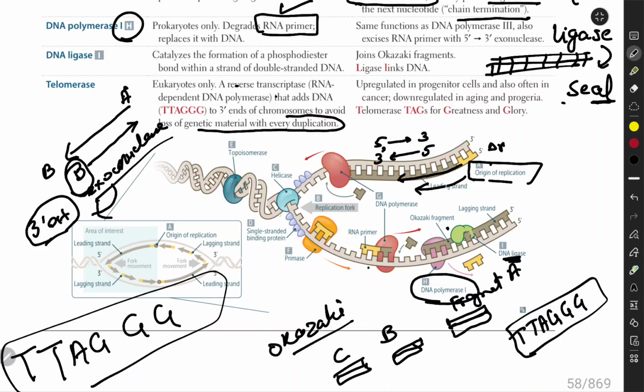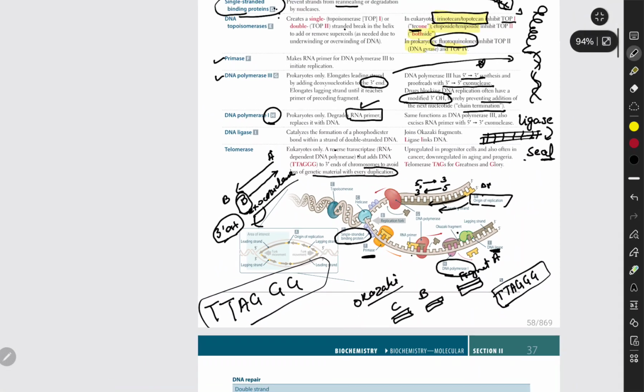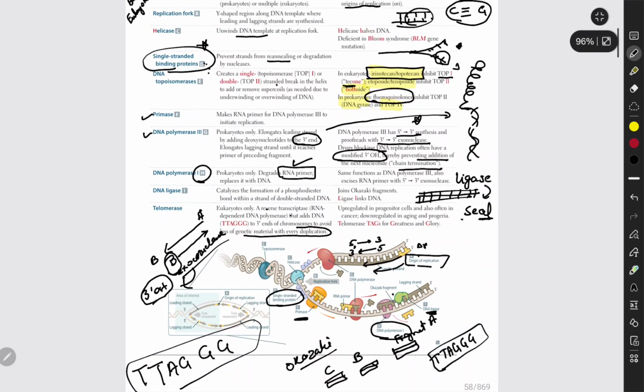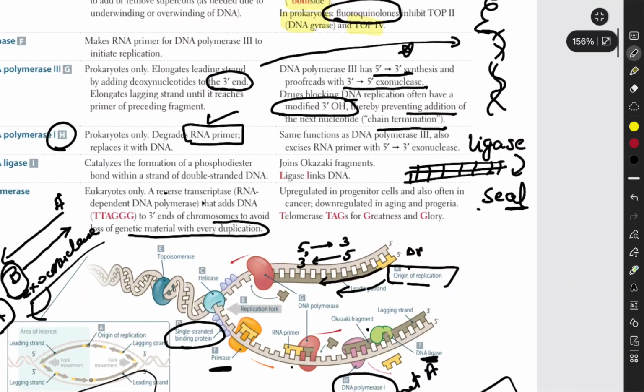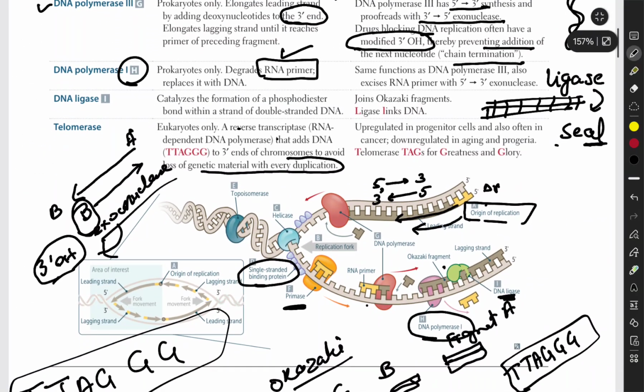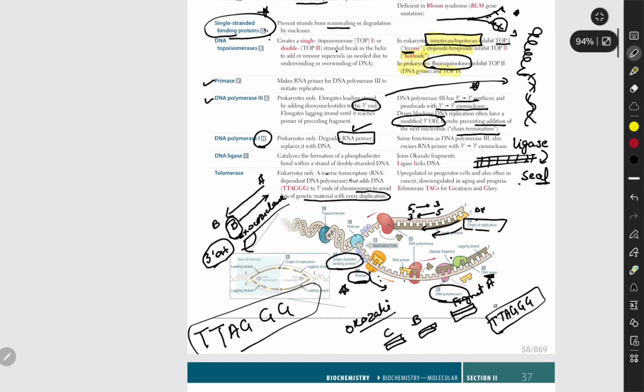Besides that, at the replication fork, there is also helicase, which unwinds the strand, and these single-stranded binding proteins prevent reannealing. And primase makes the RNA primer for DNA polymerase 3 to initiate the replication. So the primer is synthesized by this primase. The DNA polymerase 3 acts on it, and it synthesizes the strand. So you need to remember these things.